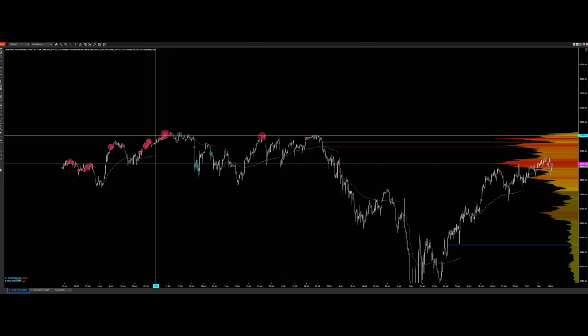So here, this guy who was accumulating right here and right here sold over 15,000 contracts. Market sold off. We had some reactions at exactly the same price level, give or take.